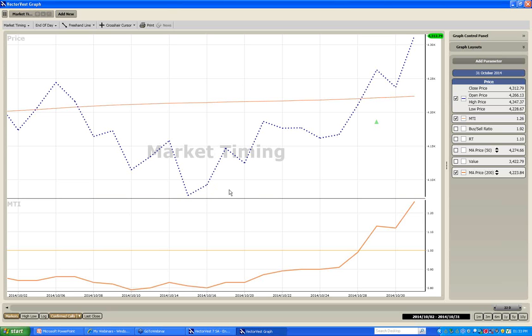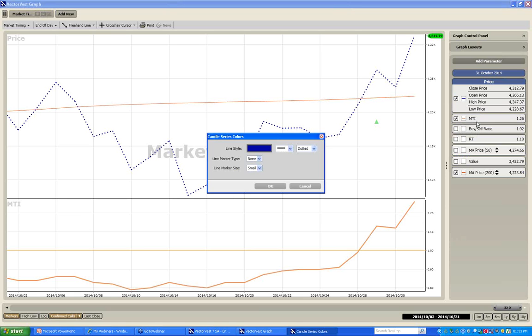The very first signal that we get on Vectorvest is called the primary wave turning. This doesn't seem right to me. I want style. I've got this wrong. Okay, cancel.